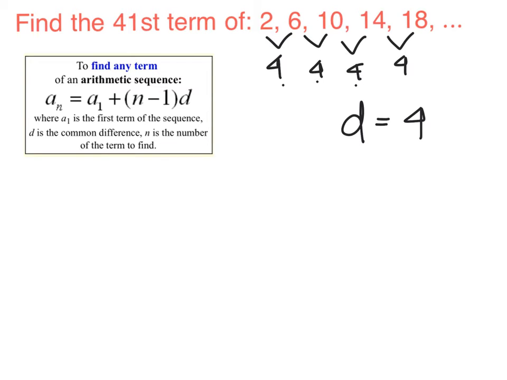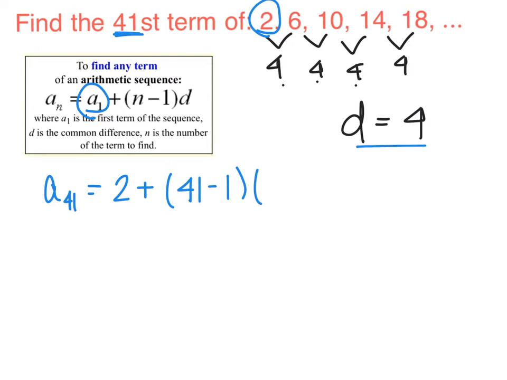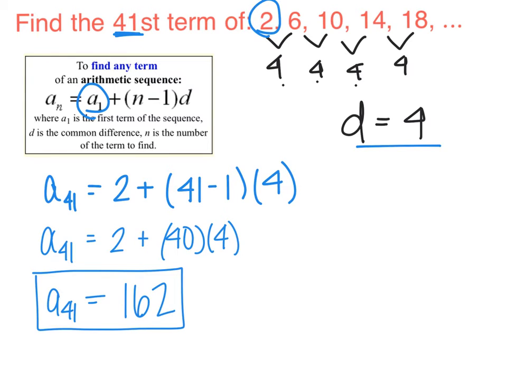So let's put it to use. A base n, so n is my 41st term, so that's going to give me a base 41. Now a base 1 is my first term, plus now n is 41, minus 1, all times my common difference here. So I work that out algebraically to be 162.